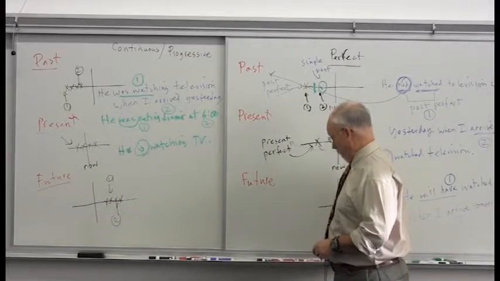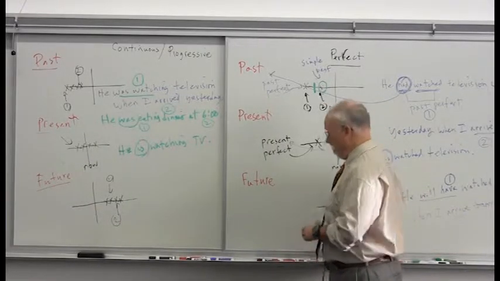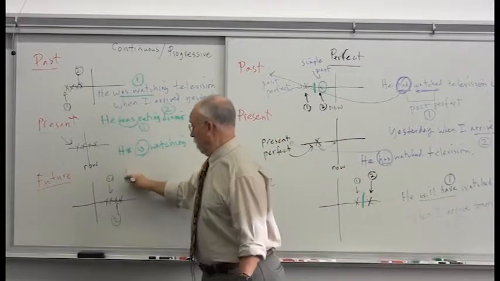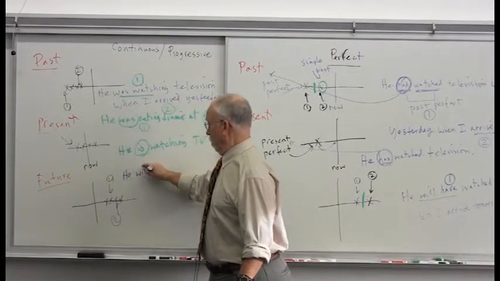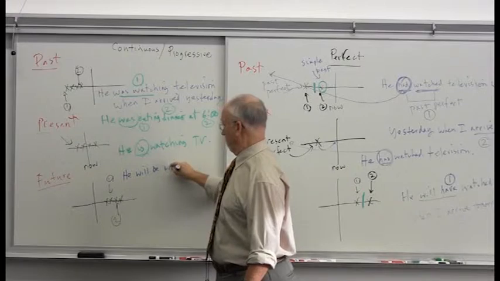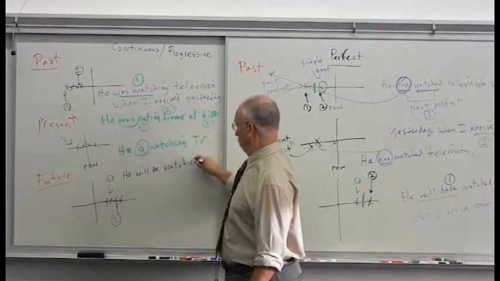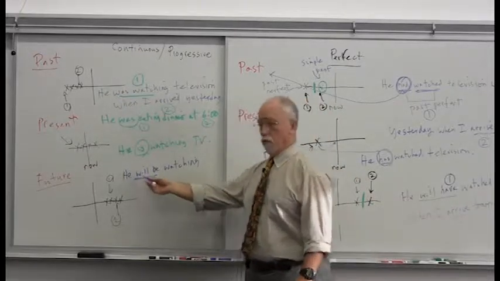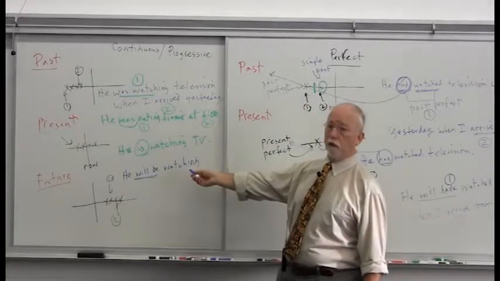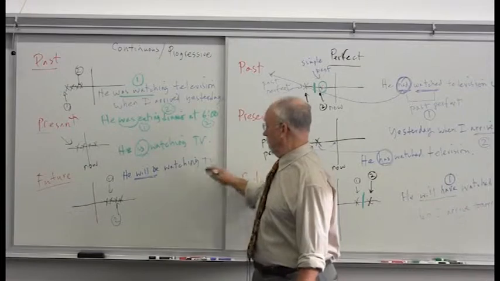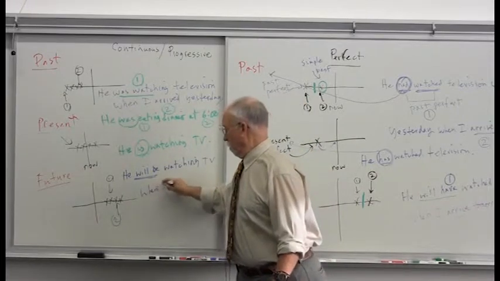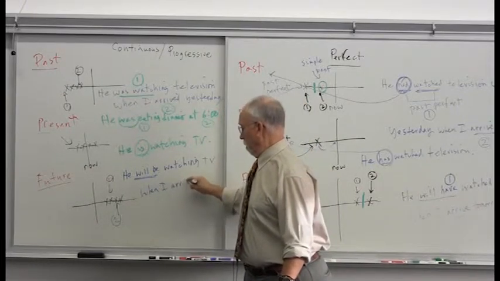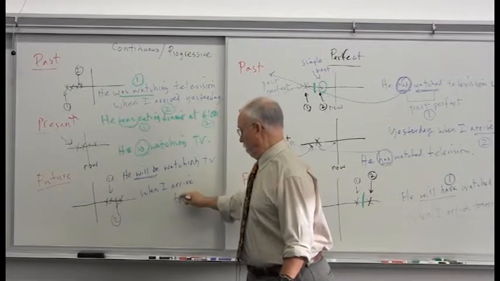In this case, we would say, he will be watching, and again, it's future continuous, so I use the future with the ing form. He will be watching TV when I arrive tomorrow.